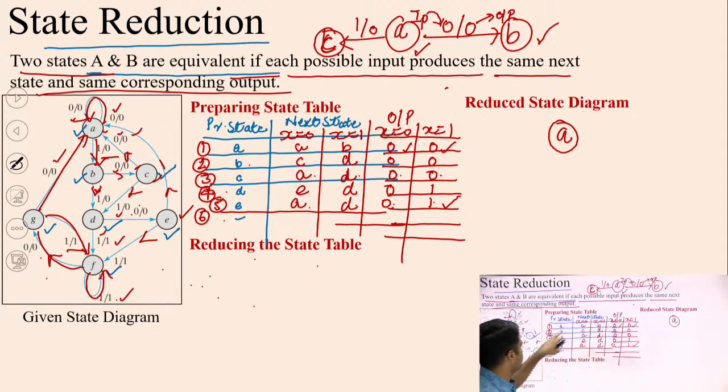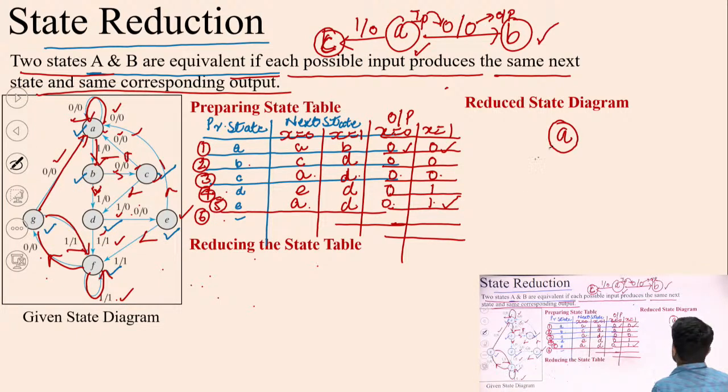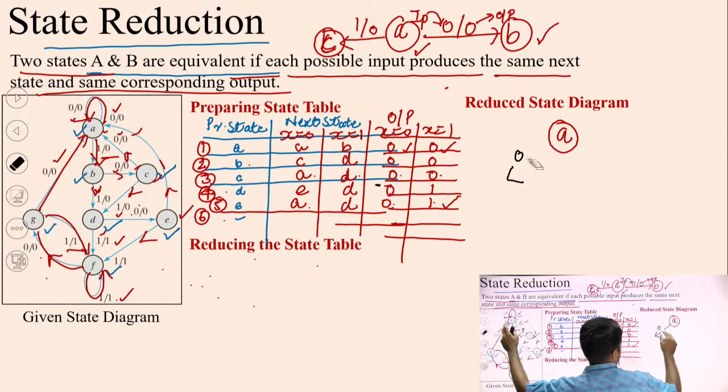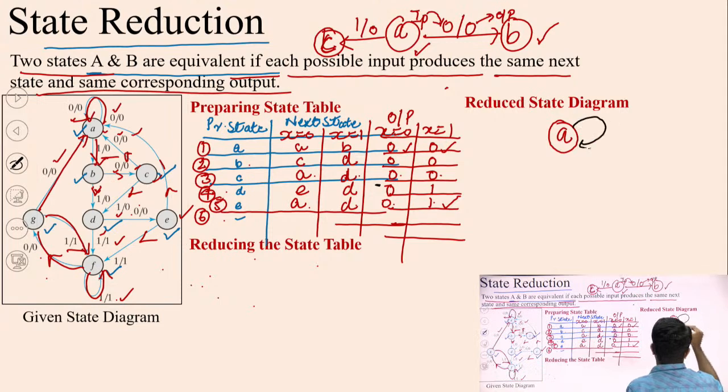You are in state A. If you get X is equal to 0, you will be in state A only, and at this point output is 0. If you get X is equal to 1 in A, you will reach state B, and output is 0.